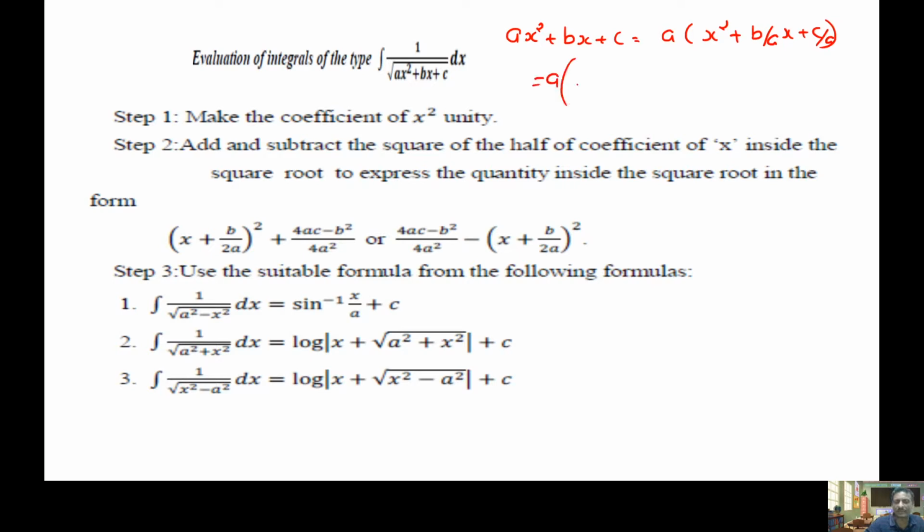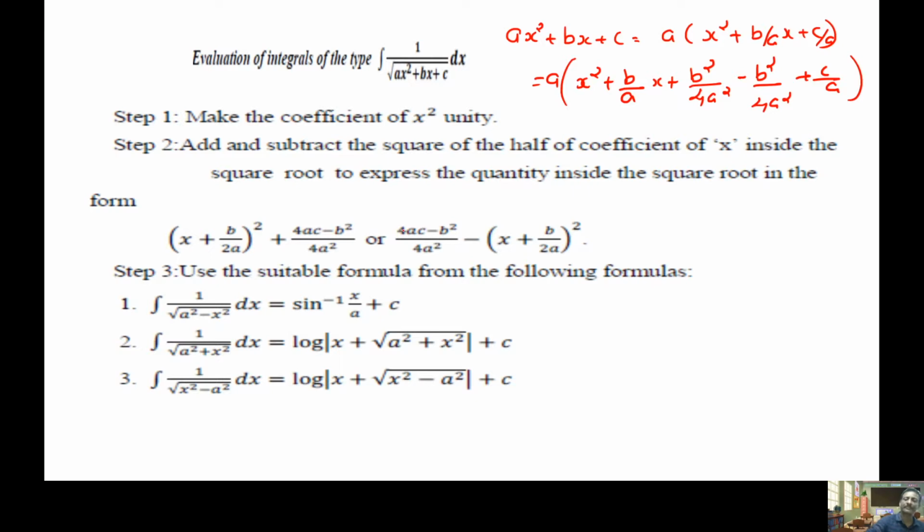Take half of the coefficient of x, then square it, b squared by 4a squared, minus b squared by 4a squared plus c by a. So that we can write it as x plus b by 2a the whole square plus 4ac minus b squared by 4a squared.